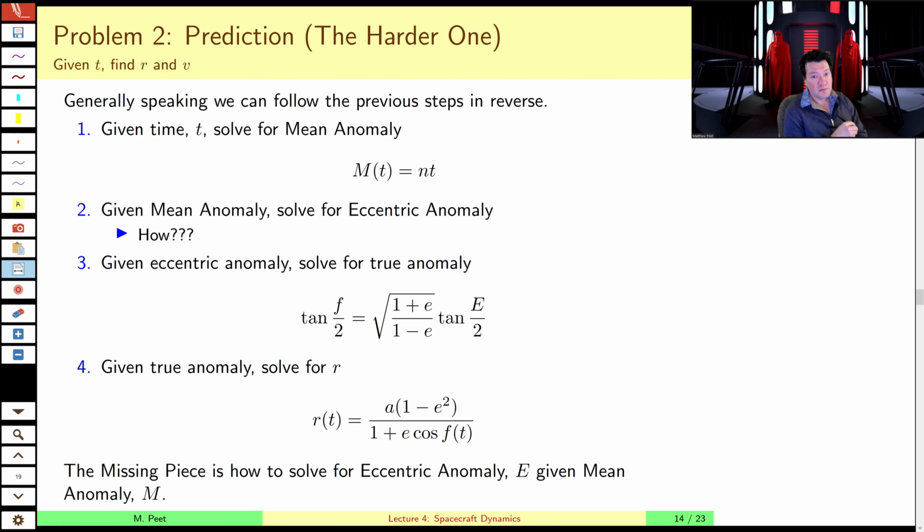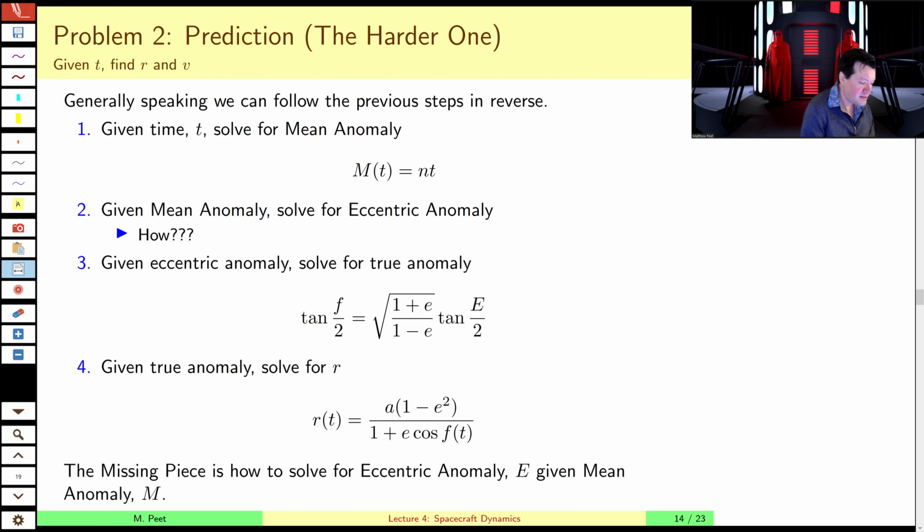So in this part, we're going to examine the one missing piece of our analysis of the two-body problem in 2 dimensions, or at least the part related to propagating the orbit in time.